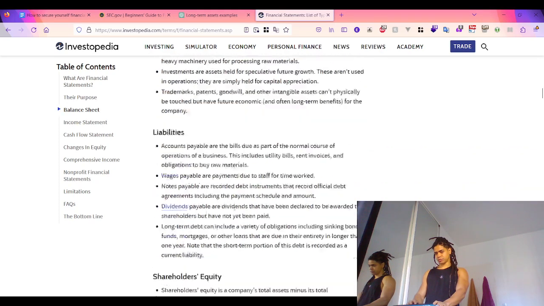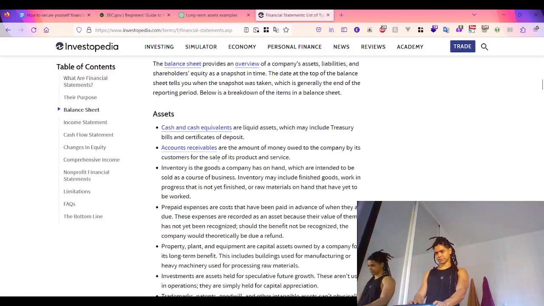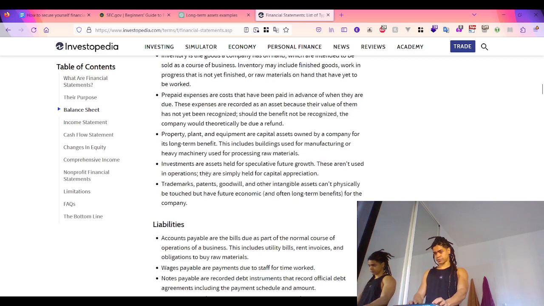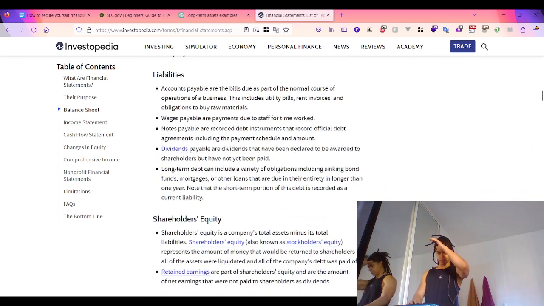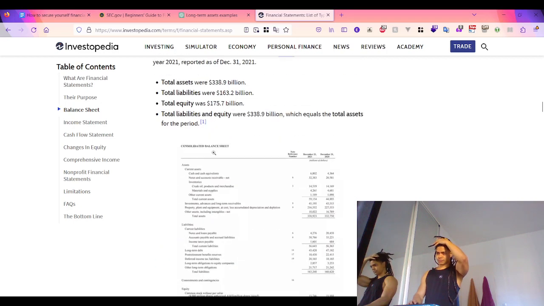Accounts receivable, liabilities. This is describing the most common liabilities and assets: prepaid expenses, property, plant, and equipment, investments, trademarks, liabilities, shareholders' equity, and things like that.